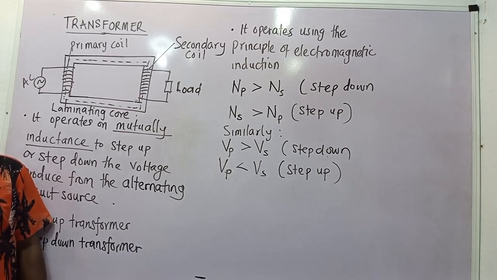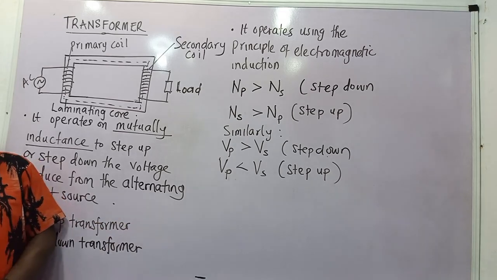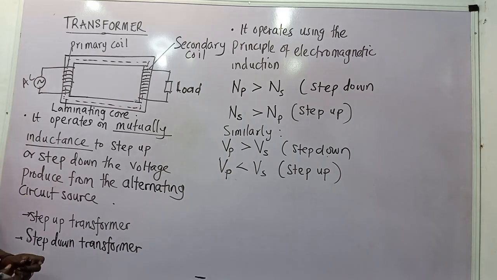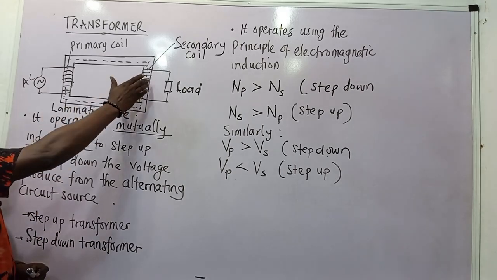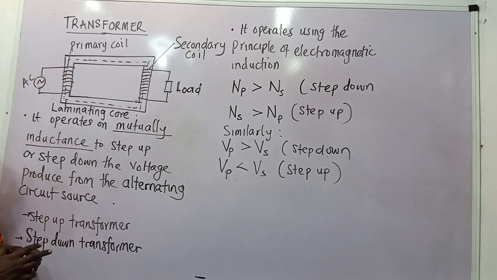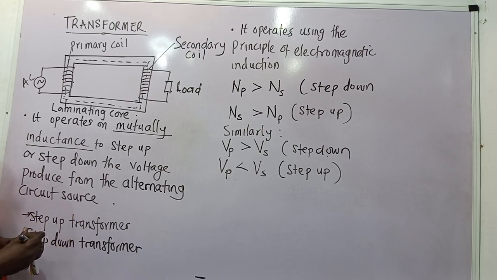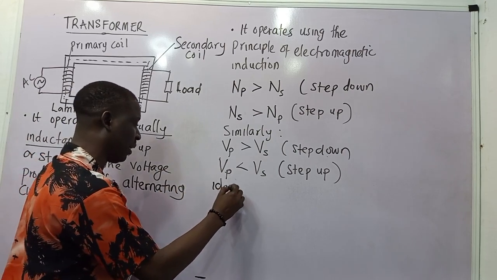Now, don't forget that for a transformer, there are things we should know about what I've just labeled. Don't forget, I told you we have the primary turns and the secondary turns. Now, let us assume an ideal transformer.